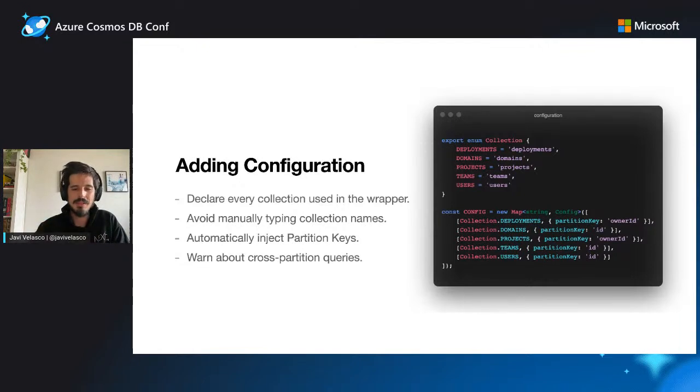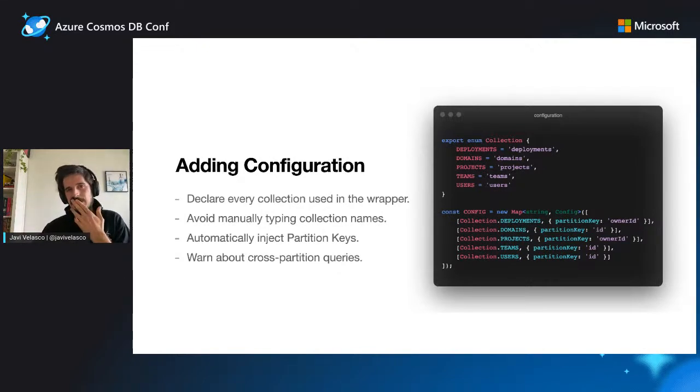So when the time came that we had to use a different partition key, the wrapper just didn't know how to inject the right partition key. So we decided to create a very simple configuration object that would enumerate all of the collections that our system has and what their partition IDs were. This enabled us to do very interesting things aside from injecting the partition keys automatically.